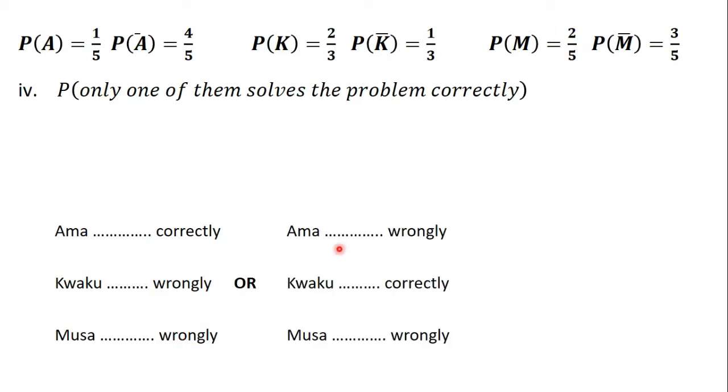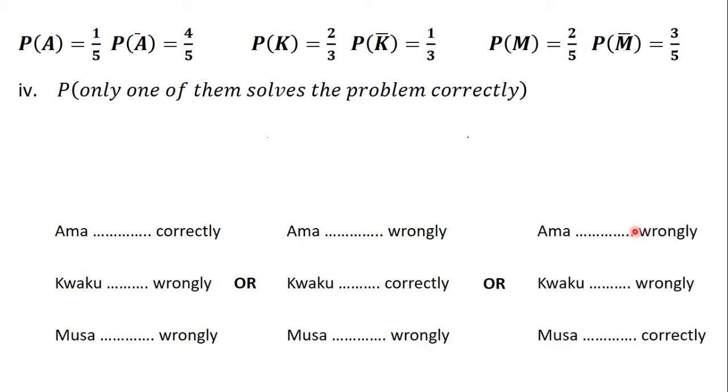Or Amma solved the problem wrongly, and Kweku solved the problem correctly, and Musa solved the problem wrongly. Or Amma solved the problem wrongly, Kweku solved the problem wrongly, and Musa solved the problem correctly.